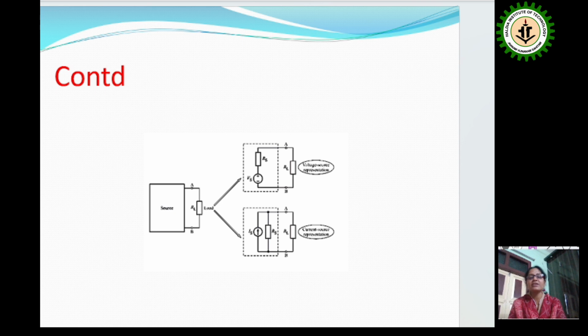How can we calculate Is? We know from Ohm's law, V equals IR, so I will be equal to V upon R. And that particular Rs that is connected in series in the voltage source is connected in parallel in the current source.